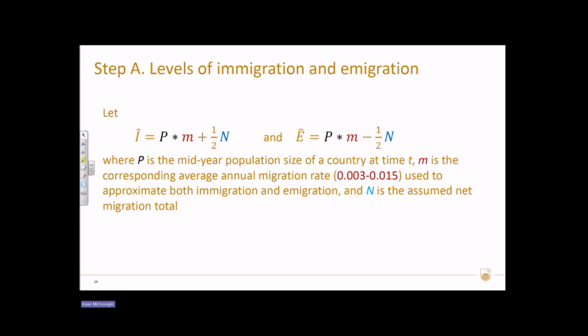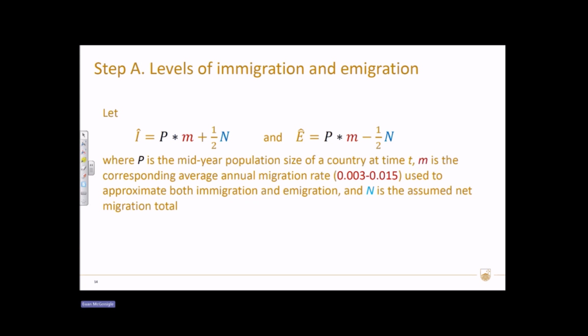Well, I knew from my other work that the size of migration, the level of migration, is highly correlated with the population size. So basically, bigger countries send more migrants than smaller countries. The other thing I knew that I wanted to incorporate in my estimates is that inflows and outflows are highly correlated. You often see that when you look at migration. They don't have to be equal, but they're highly correlated.